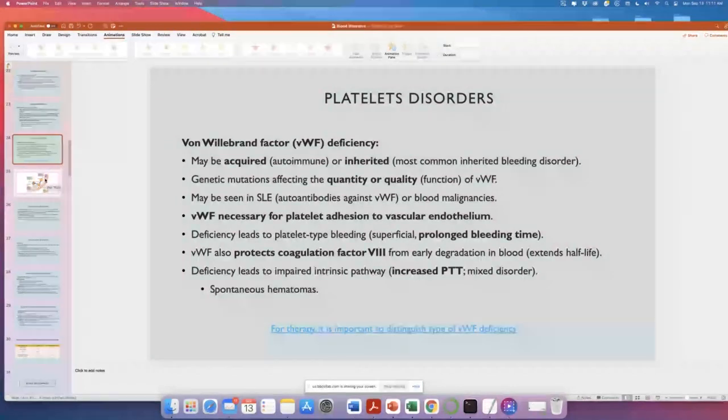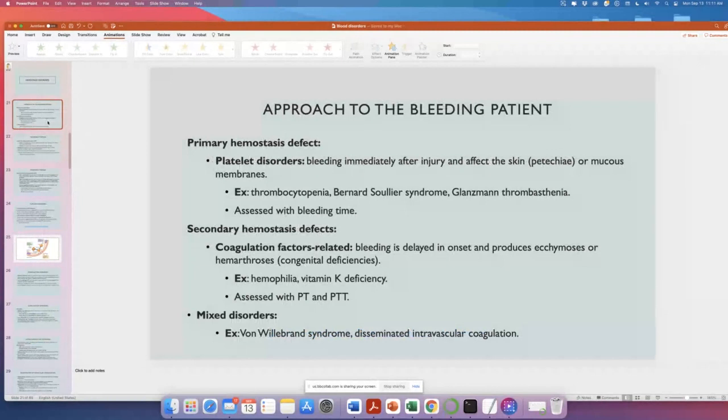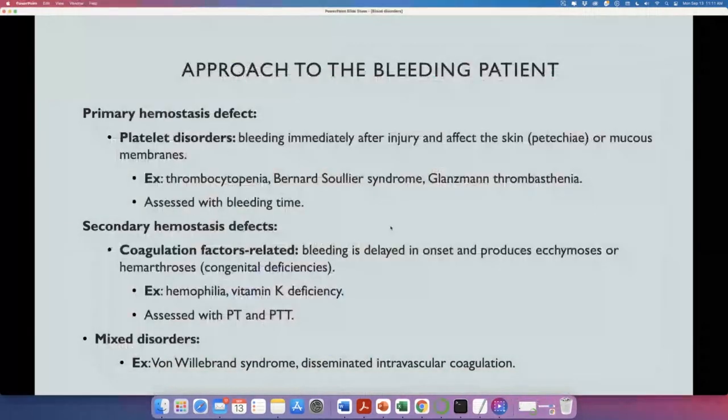Okay, so let's go back to the classification here. I want to make sure you understand something. Remember, the bleeding patient, depending on different factors that we find, the history of the patient, the type of bleeding, and the results of the coagulation studies, is going to be classified into primary hemostasis defect, secondary hemostasis defect, and mixed disorders.